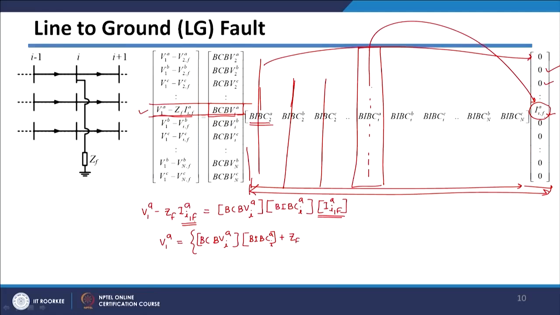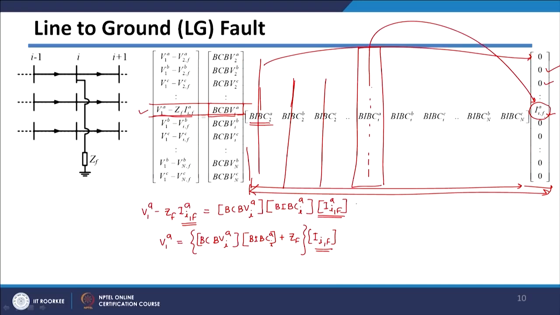I can take the fault current of the ith bus and A phase common. It is basically only one entry, so we do not have to write a matrix here.